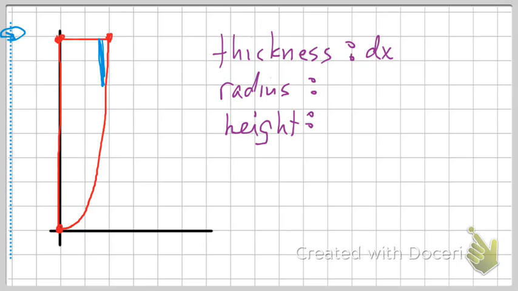Plus 2. So remember, the radius comes from the center of revolution out to the shell wall. X minus negative 2, which is x plus 2. Whereas the height would be the length of the wall itself, which is 8 minus x cubed.